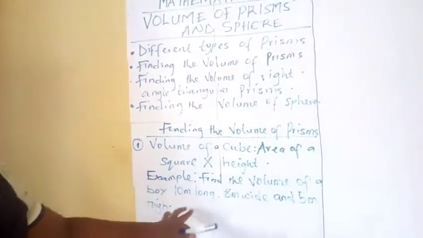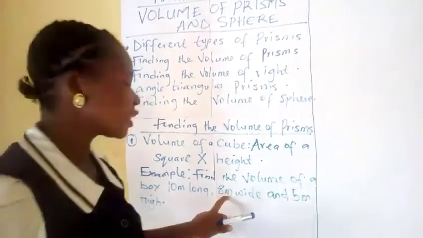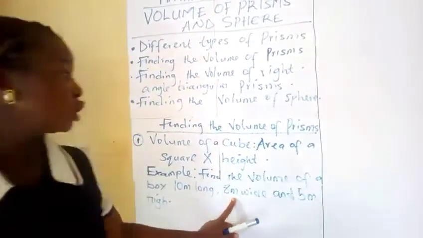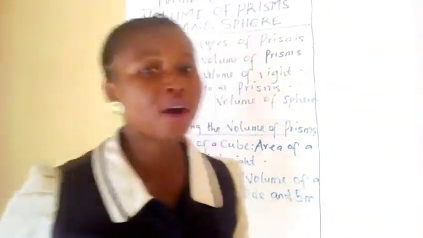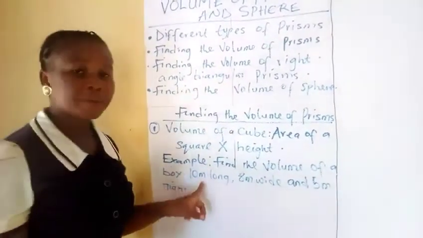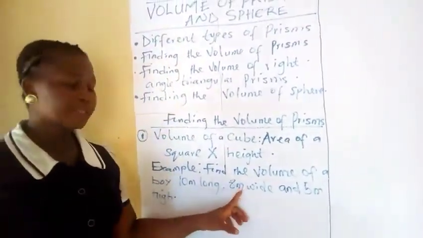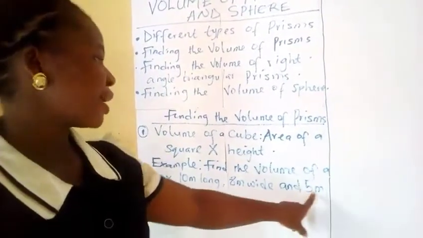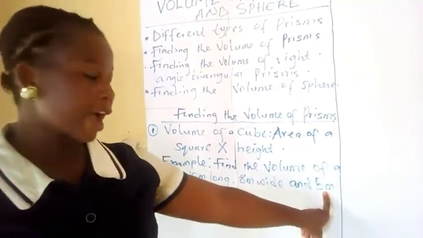Remember I told you the end consists of length and width. This is the length, 10 meter long. This is the width, 8 meter wide. And our height is given as 5 meter.